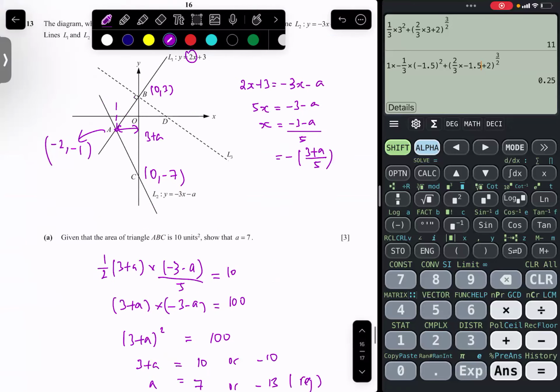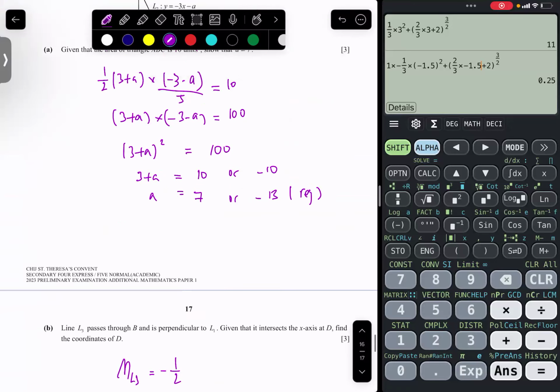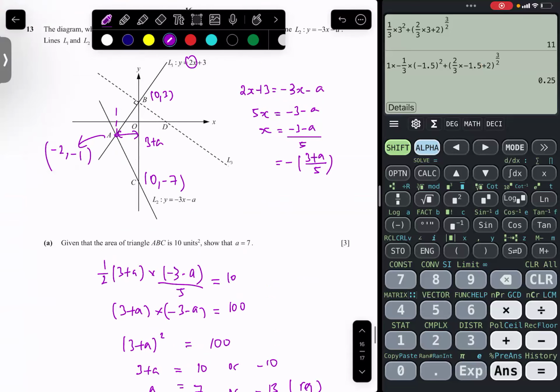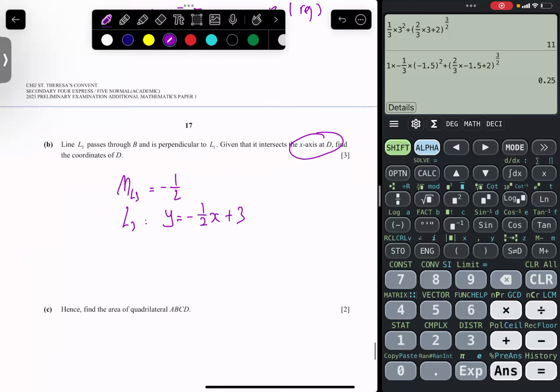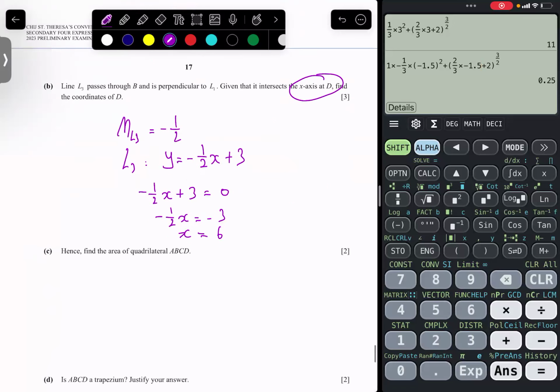Since it passes through B, which is (0, 3), L3 is y equals -1/2 x + 3. D is when y equals 0. So -1/2 x + 3 equals 0, -1/2 x equals -3, x equals 6. Therefore, D is (6, 0).